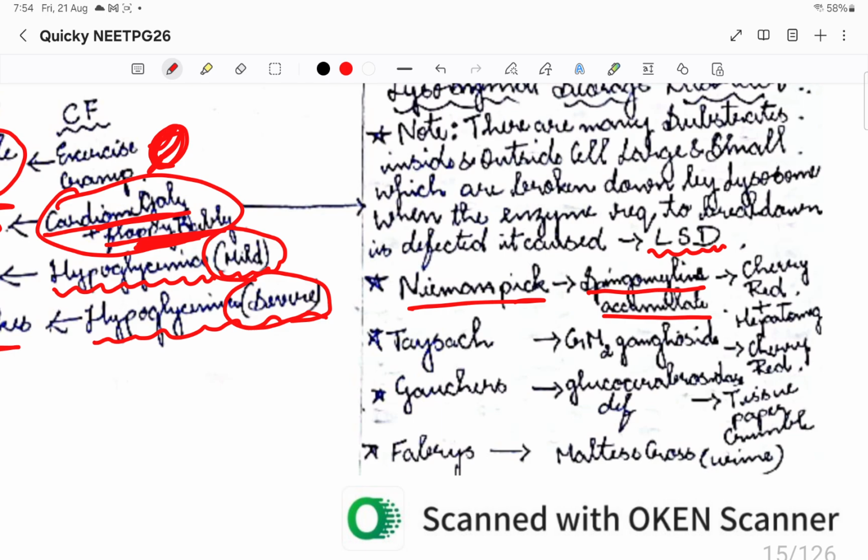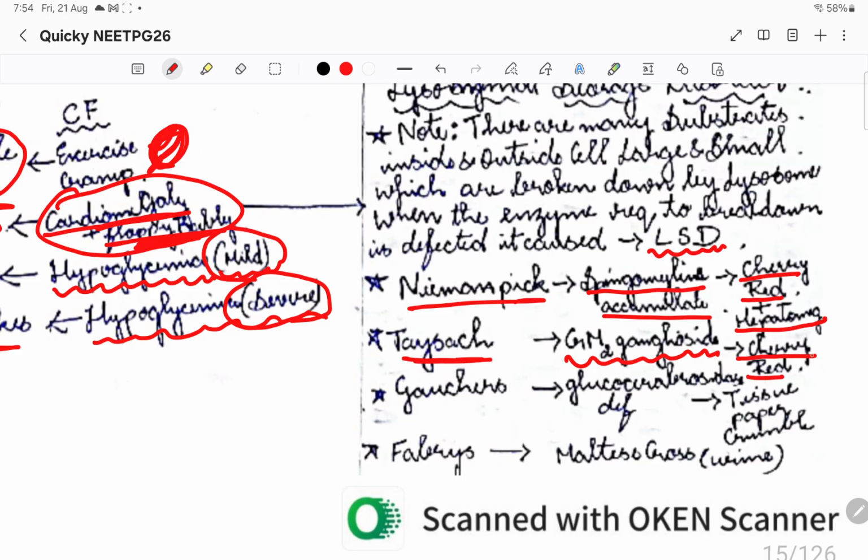So these Niemann-Pick patients will present to you with a cherry red spot in the retinoscopy, and hepatomegaly will be there. Contrasting with that, in Tay-Sachs disease the GM2 ganglioside is defective, GM2 ganglioside storage will be increased, where we will see only cherry red spots in the retinoscopy.